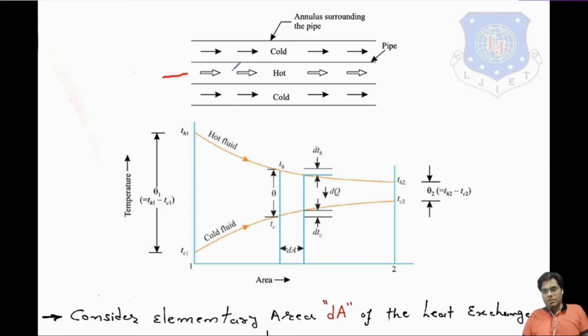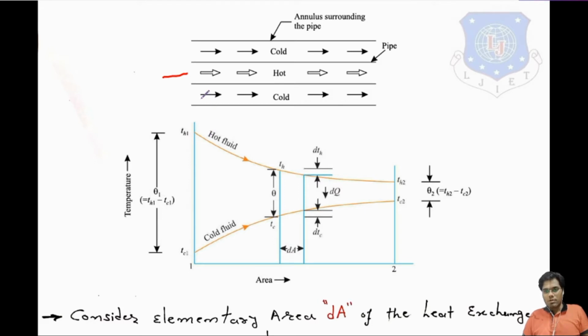So the temperature of hot fluid will gradually decrease as we move towards the outlet. At the outlet, the temperature of hot fluid is TH2, which is less than TH1.